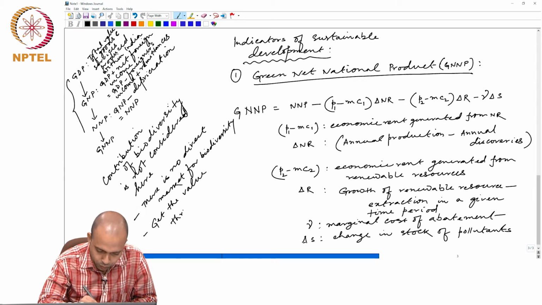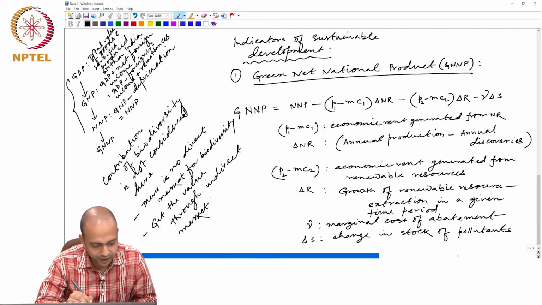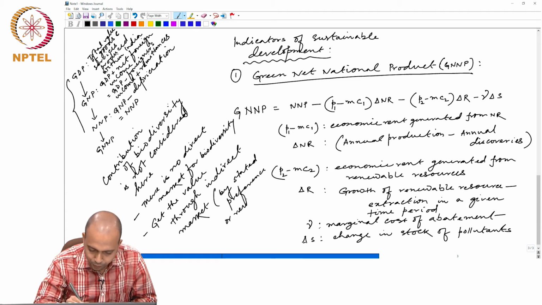indirect market, by contingent valuation, by stated preference or revealed preference approach.